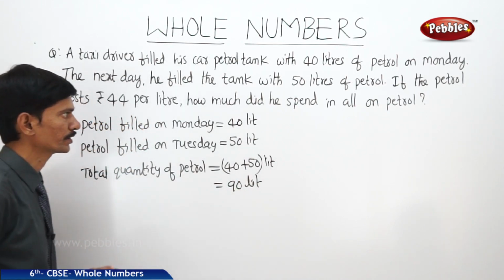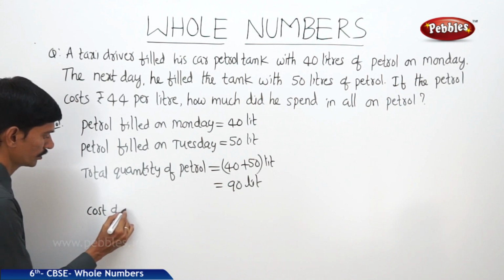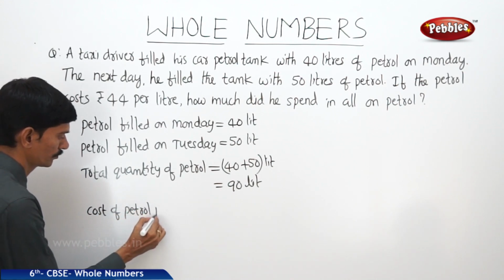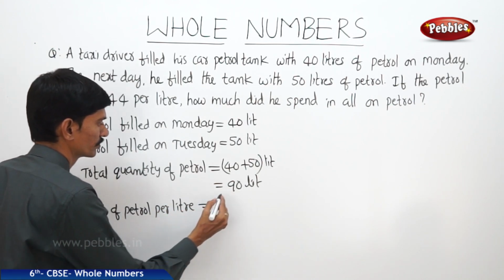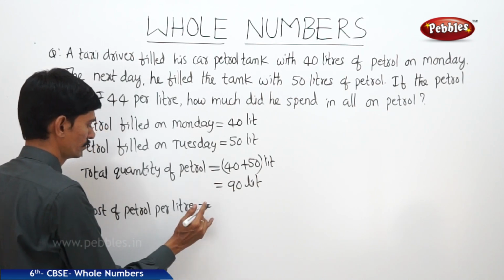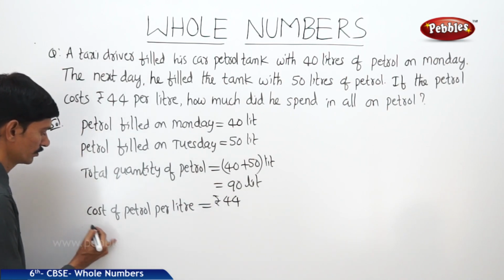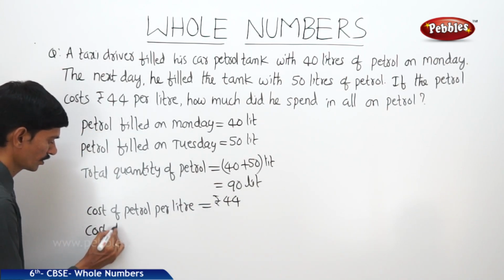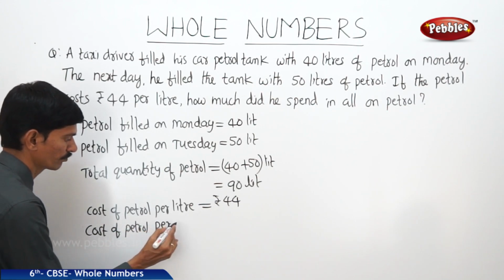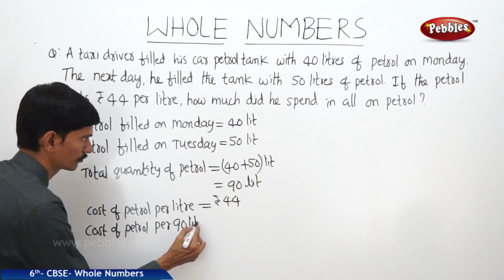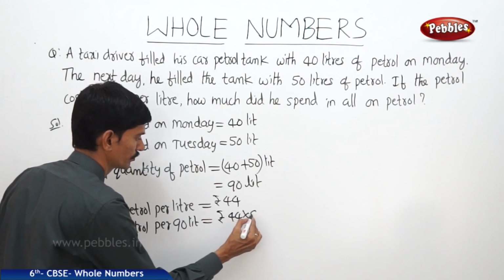Now the cost of petrol per liter is 44 rupees. Then the cost of petrol per 90 liters equals 44 into 90.